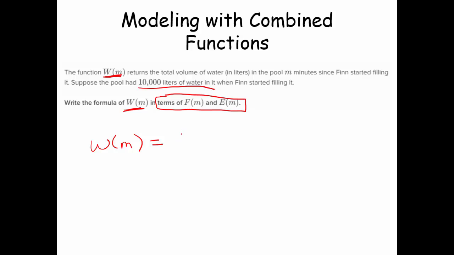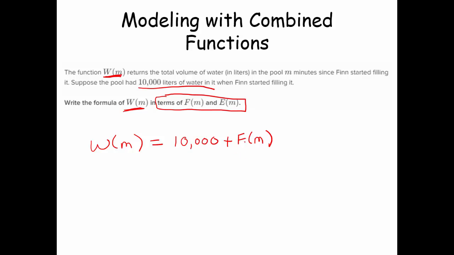Okay, so let's think about this. How much water is going to be in the pool? Well, we started with the 10,000, so let's throw that down there. Then we're going to add in the amount of water that Finn is filling up from the hose. That's f of m. So the 10,000 is what I start with, and f of m is all of the water that's come from Finn's hose.